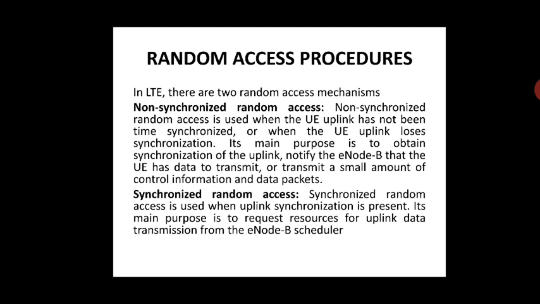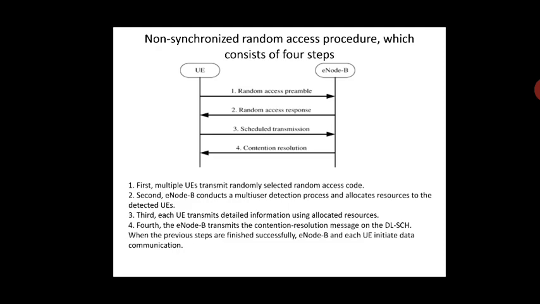If synchronization is lost between your user equipment and the E node B, we call it non-synchronized. Synchronized random access is used when uplink synchronization is present. Both your mobile phone and your E node B are synchronized. Its main purpose is to request resources for uplink data transmission from the E node B scheduler.